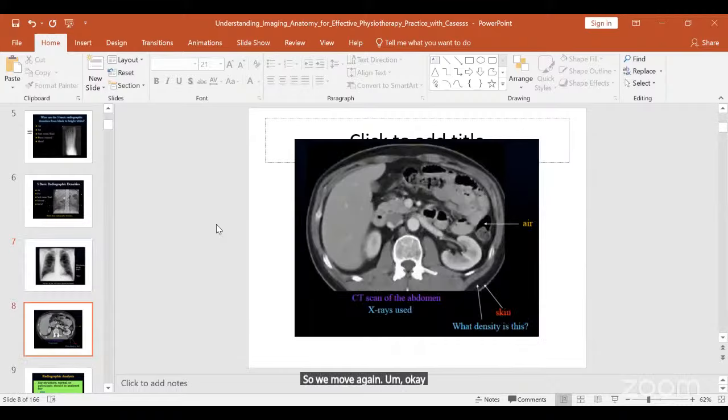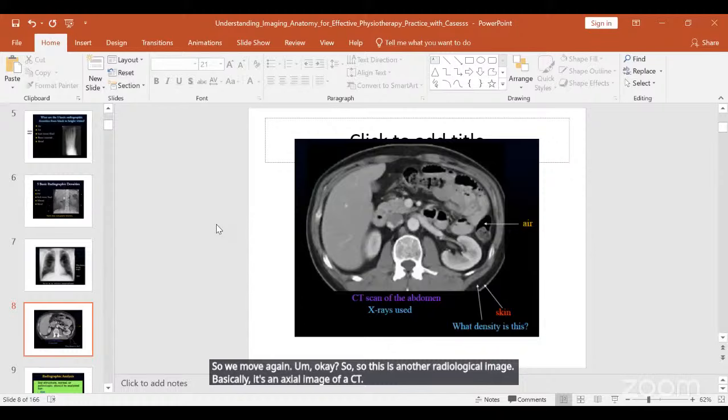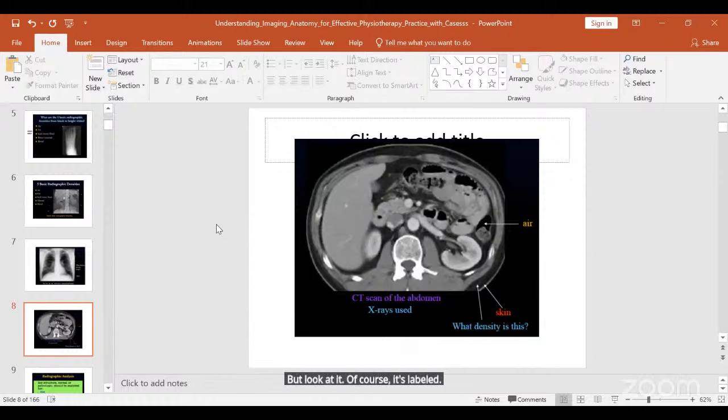Okay. So this is another radiological image. Basically, it is an axial image of a CT. Of course, it's labeled. Can you see air completely black? In X-ray, what do we call black? Black is lucency. Radiolucent. So in CT, black structures are called hypodense.